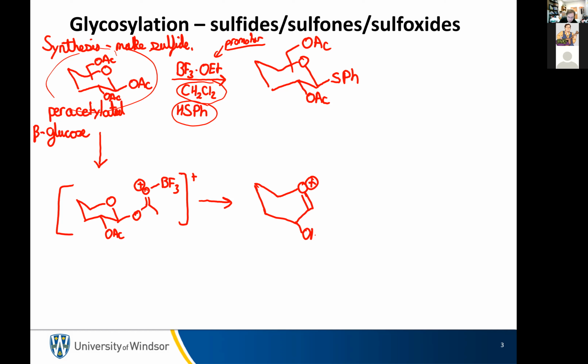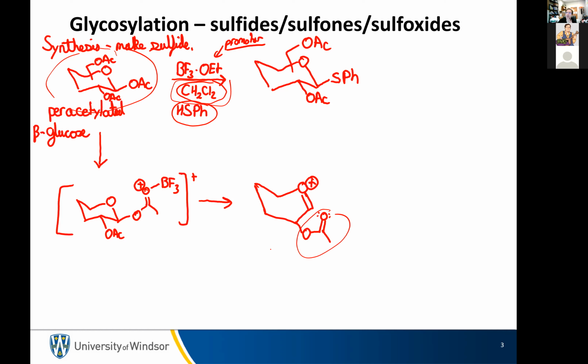And as I was saying when we were talking about the bromides, it doesn't matter how you get to the oxocarbenium. Once you're at the oxocarbenium, the rules take over. So the rules here are we have a non-participating solvent, but more importantly, we have a C2 acetate, and the C2 acetate is going to win.